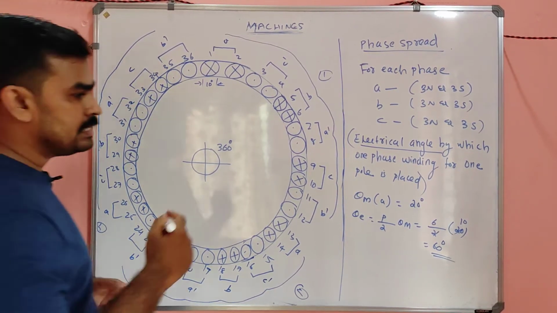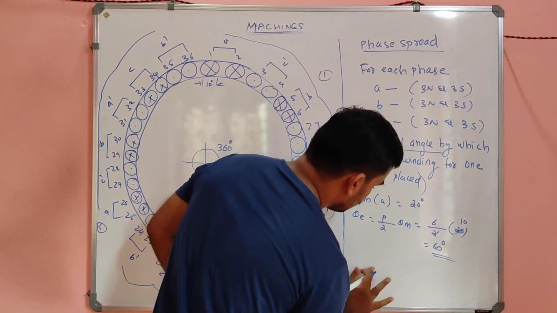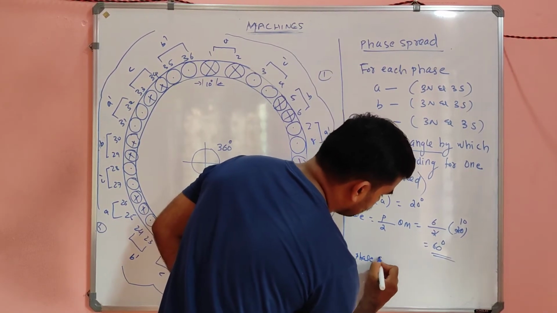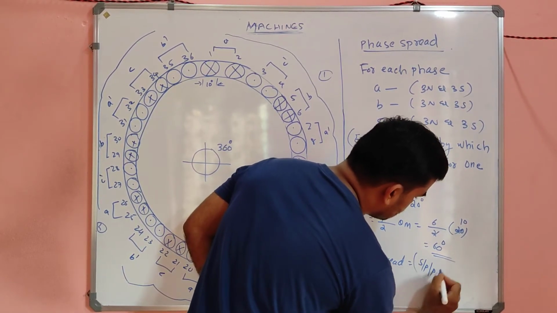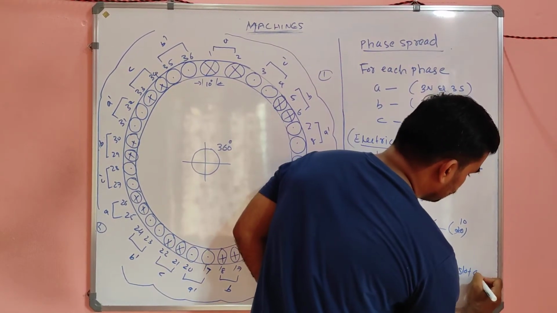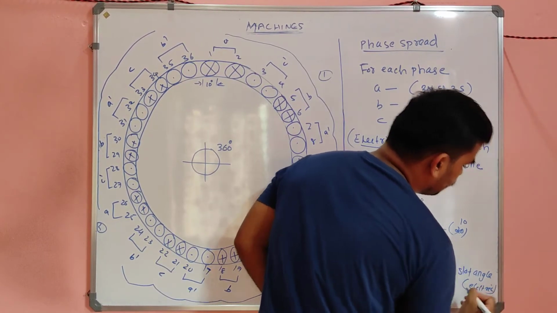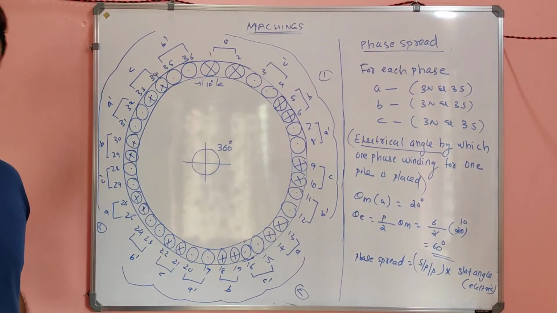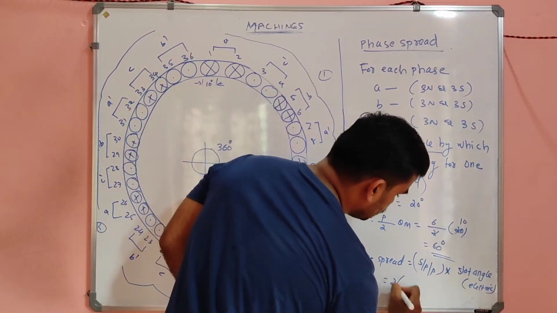Okay, there is an equation for this phase spread. Phase spread is equal to slots per pole per phase into slot angle, all in electrical. So slots per pole per phase here is 2.